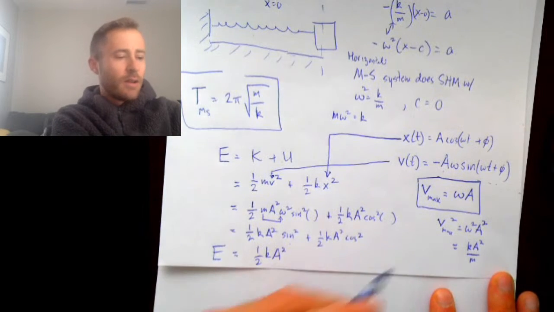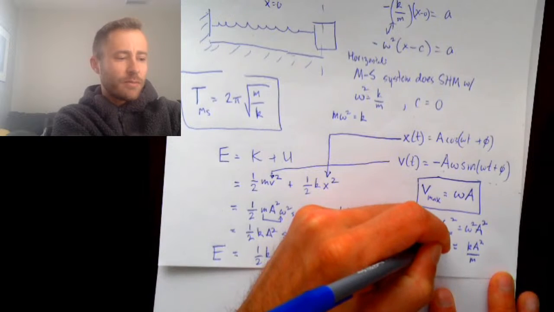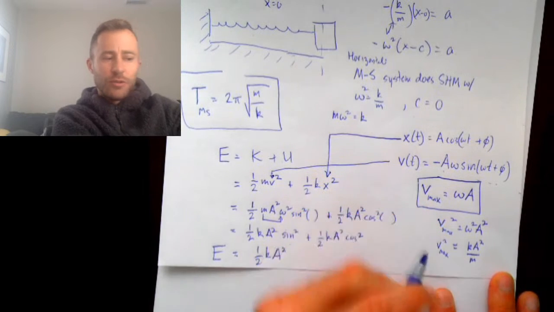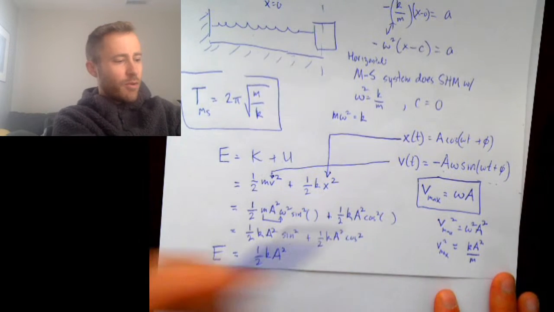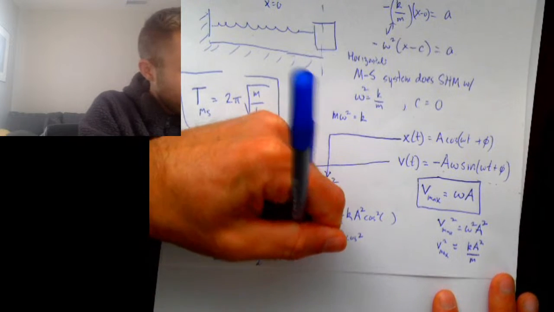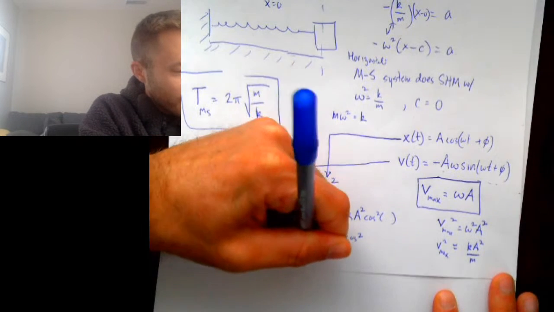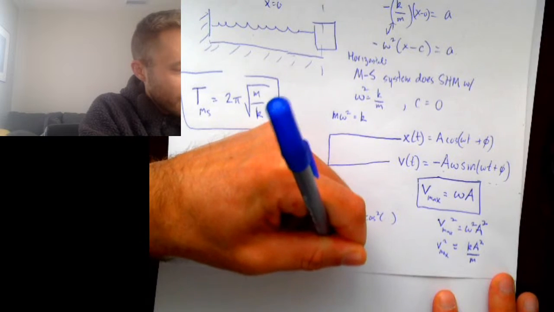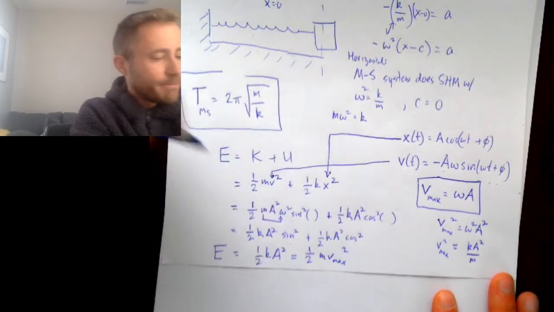So I can use this relationship and plug it in here, and I can write that the energy can also be written as 1/2 m Vmax squared.